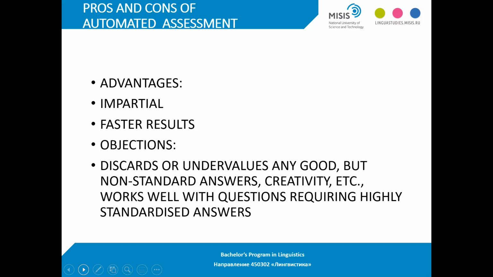But what if this is a very good piece of writing, but it uses some non-standard approaches? If there are some traces, some areas of creativity within this particular essay, this means that artificial intelligence will not find anything of the kind in its memory, and it will discard it, or it will undergrade it, it will undervalue it.